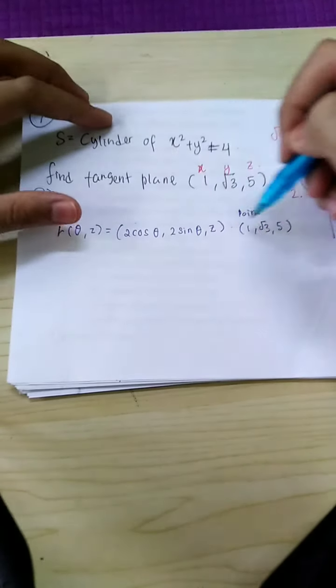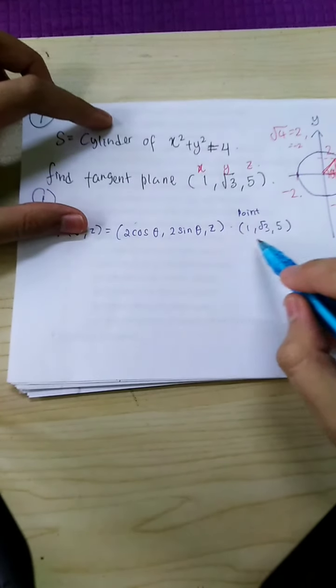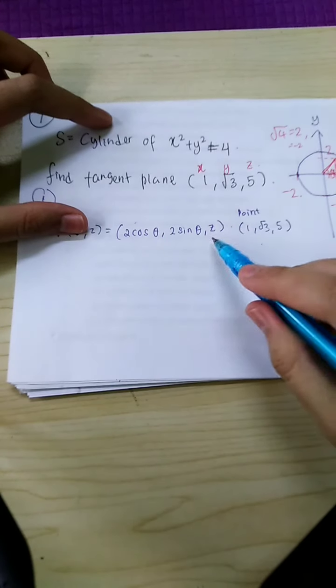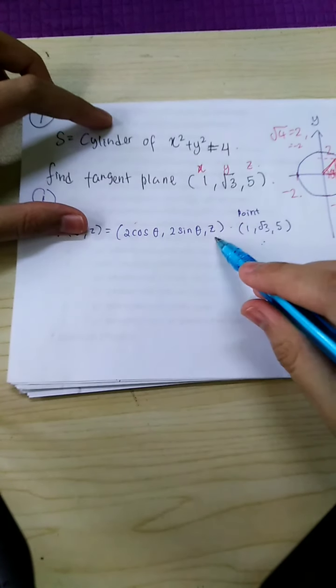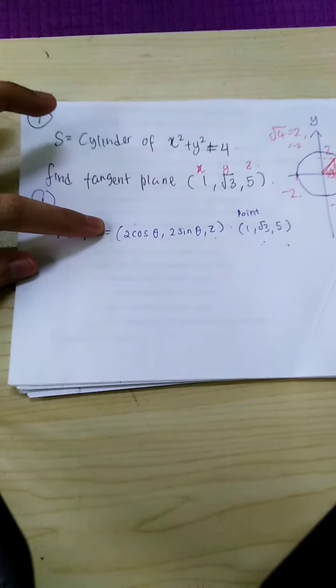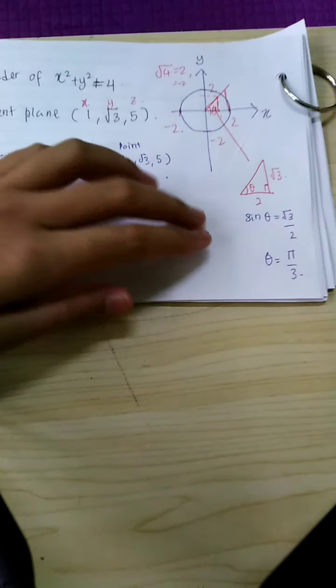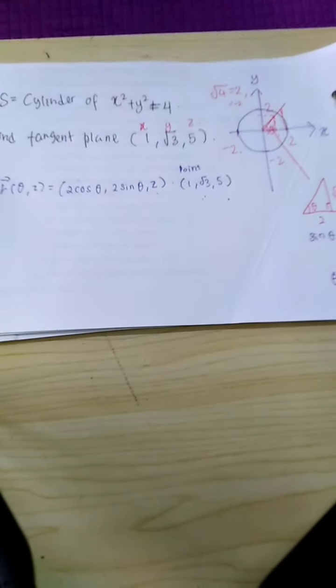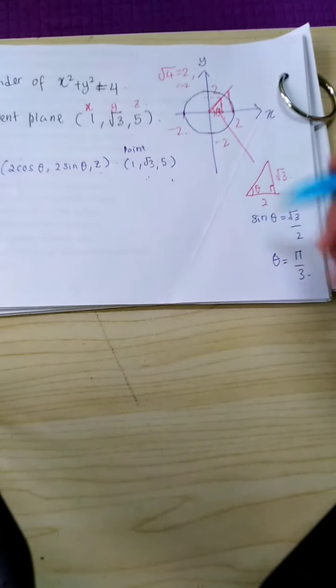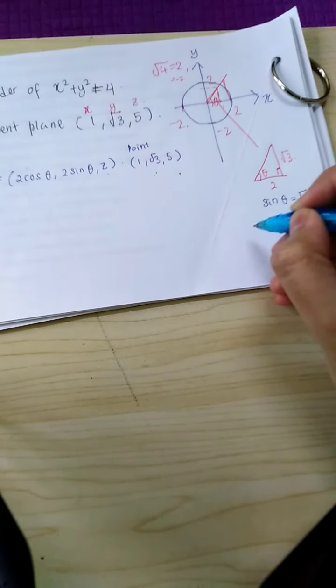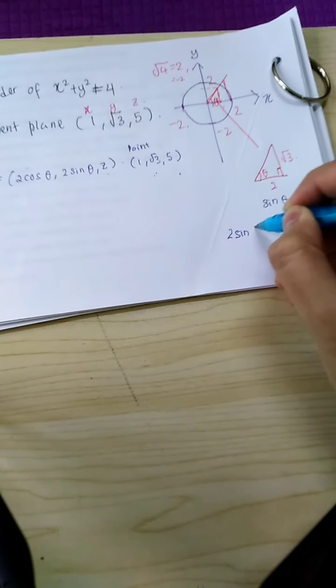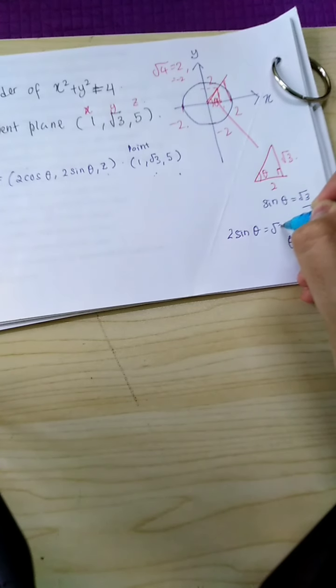Notice that 2 cos theta here is 1, 2 sin theta is 3 and z is 5. Since sine theta is 3 over 2, we know that 2 sin theta is 3.